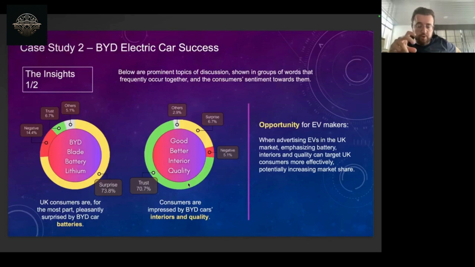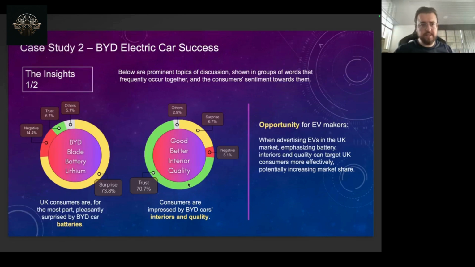You want to target the UK consumers more precisely. You can tell that the UK consumers are interested in battery life and interior quality. And you can consider that BYD is your competitor, so you think to yourself, if I want to market an electric vehicle in the UK, then I need to focus on battery life and interior quality. This is the kind of information that you can get.